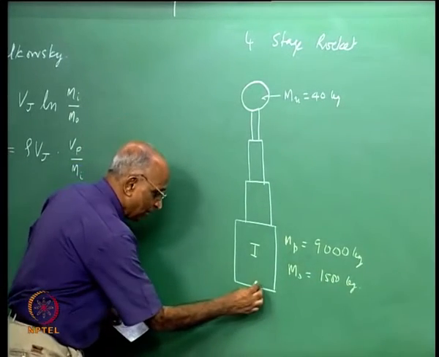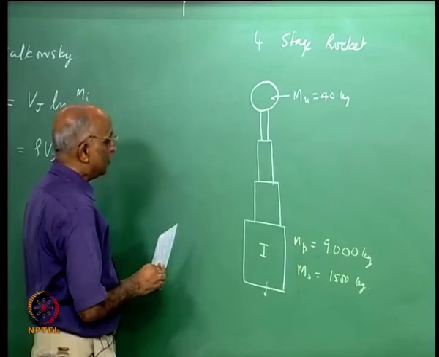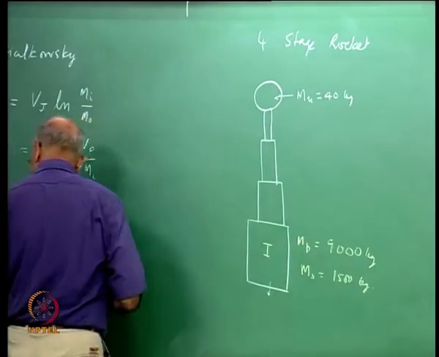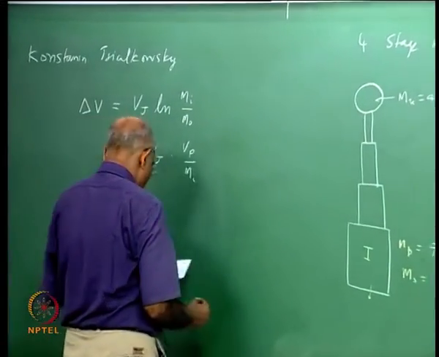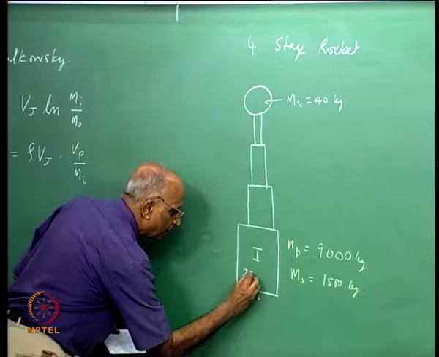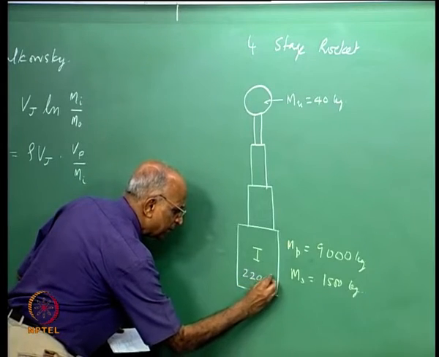The jet velocity of the first stage, let me put it in pink color, is equal to 2200 meters per second.